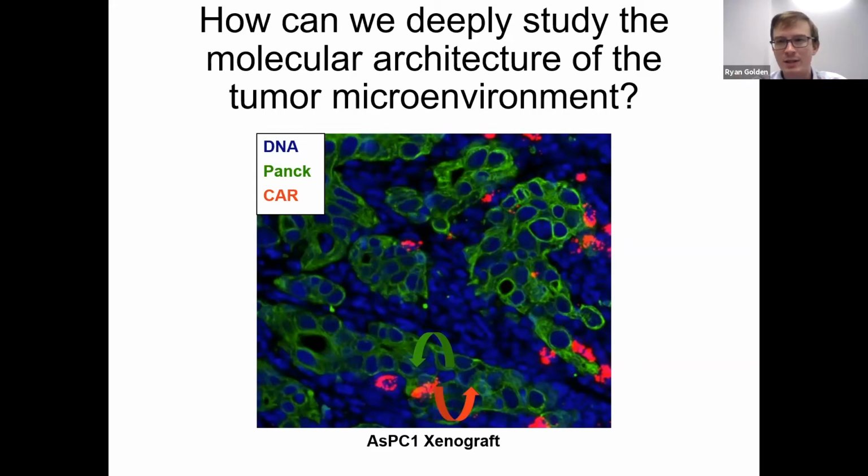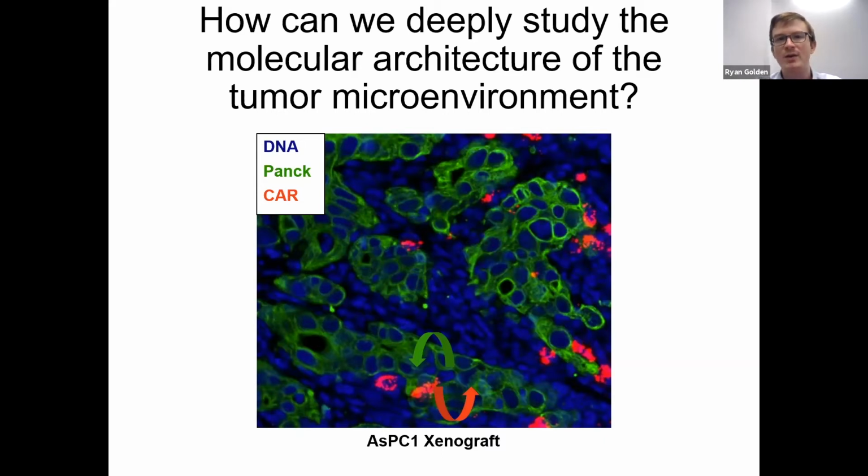I have an image that we've generated in-house using a pancreatic cancer xenograft line. You can see the CAR T cells in red interacting closely with the pan-CK positive tumor cells. So you have to ask a lot of questions about how the T cells are interacting with the tumor, how the tumor is interacting with the T cells, and what features correlate with effective T cell response or diminished T cell response.